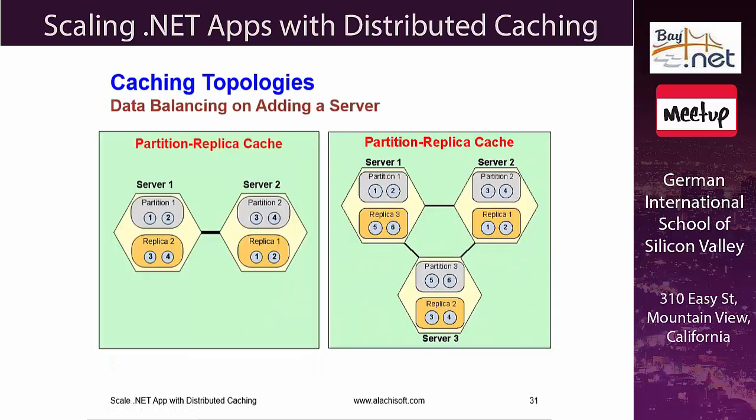Okay, so let's see this. Let's say that you had a 2-server cluster, and now you added a third one. So what NCache does is it creates 1,000 buckets for each cache, for each cluster. So when you have a 2-node cluster, each partition has 500 buckets. When you go to 3, then each will have one third, one third, one third.